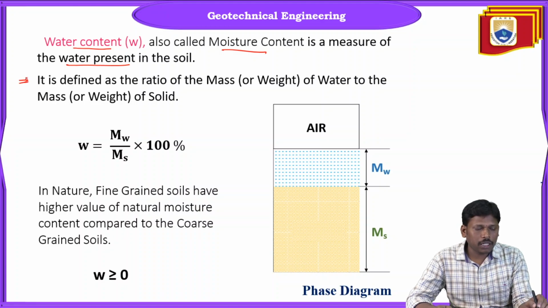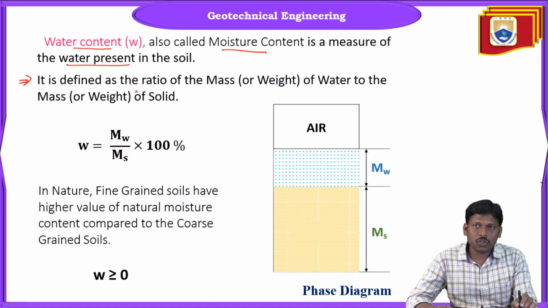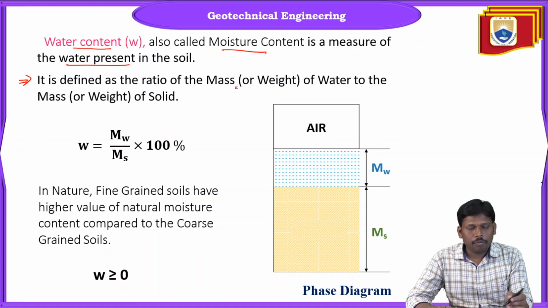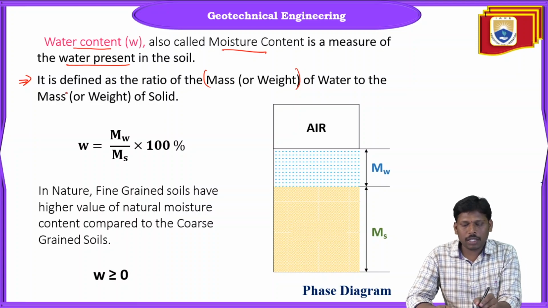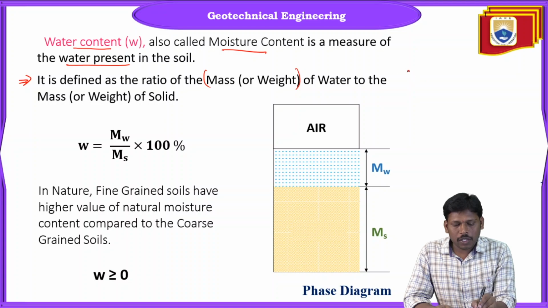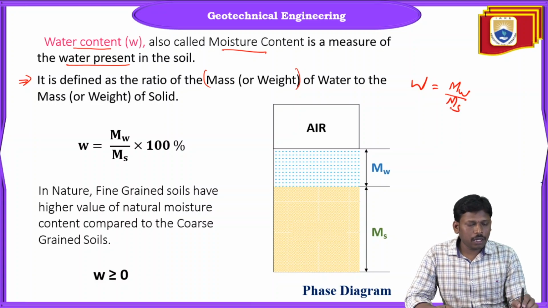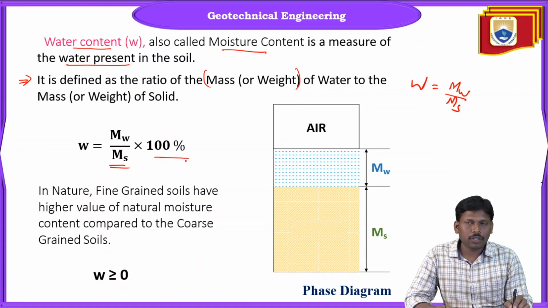This water content is defined as a ratio of the mass. If you want to express this in terms of weight, we are supposed to consider the weight also, but I'm just going with the mass only. So water content, indicated by the symbol W, is defined as the ratio of mass of water to the mass of solids, expressed in terms of percentages.